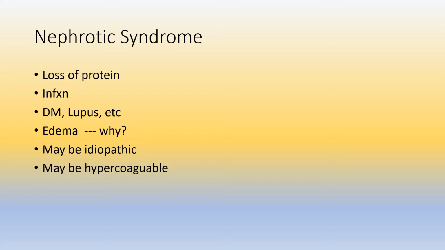It may just be idiopathic, but it could be related to diabetes, lupus, an infection. And also, weirdly, they lose some of their anticoagulation substances, so they actually might be hypercoagulable. So it definitely has to be paid attention to. Strangely, we often use a lot of the same drugs that we use for immunosuppression for kidney transplants and that kind of thing.